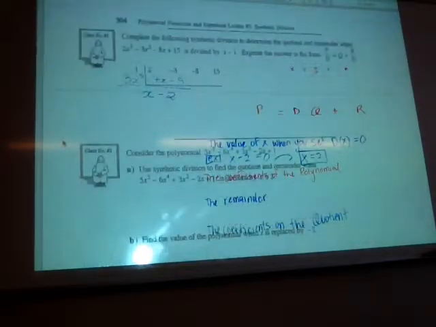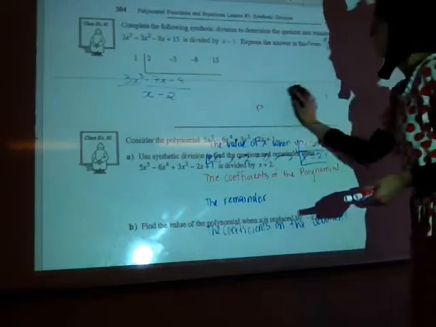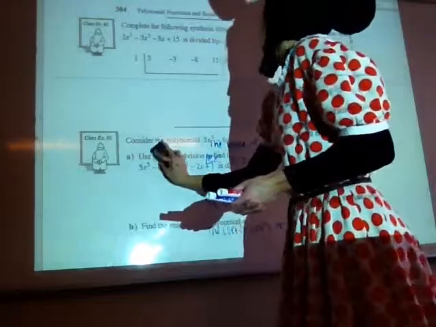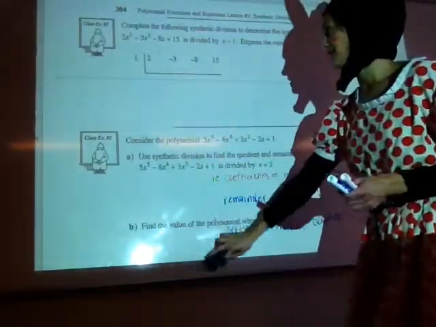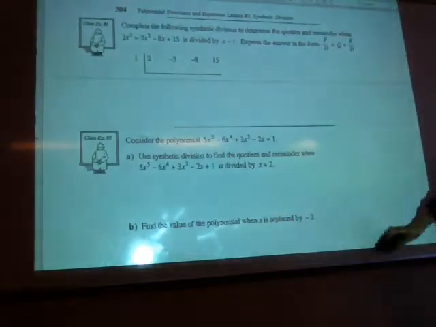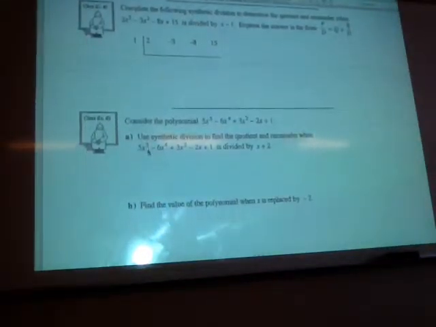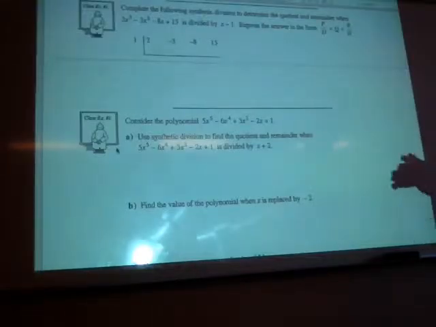So, let's go through an example just to make sure you guys understand the steps. First thing I'm going to ask, where did they get that 1 on the side? Good. And x minus 1 is called what?